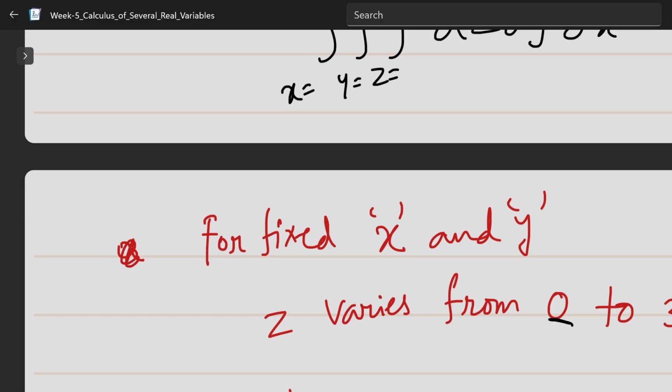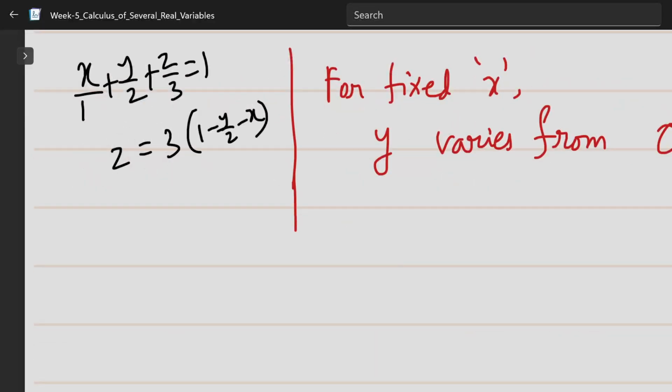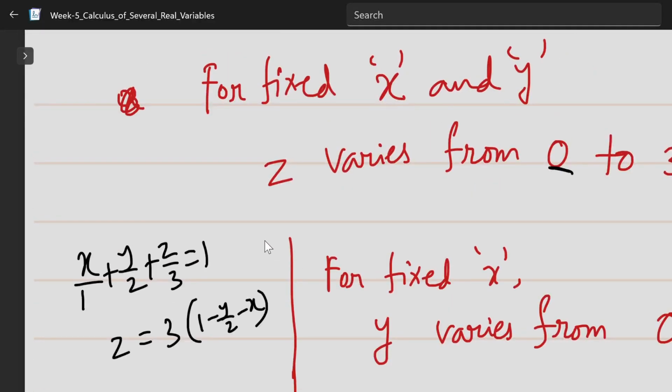Can you tell? y will start from 0 to where? 2 minus y, sorry, not 3, 2 minus y.